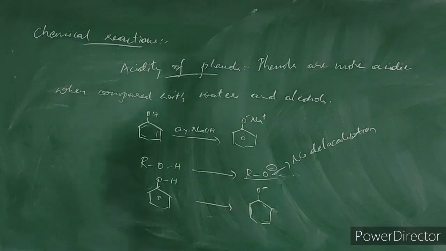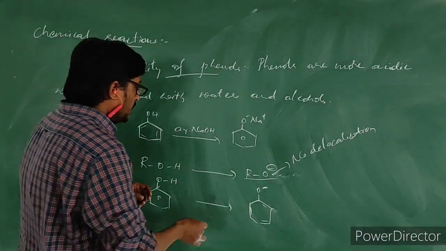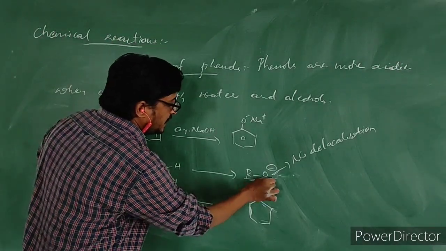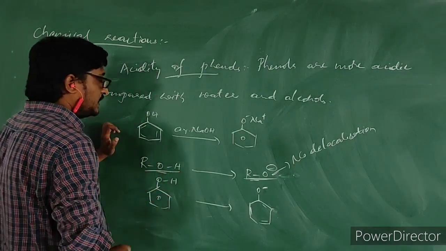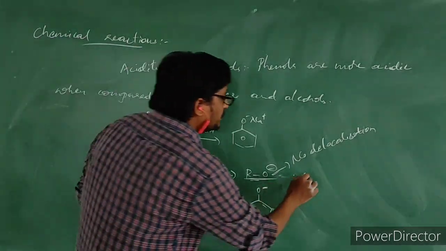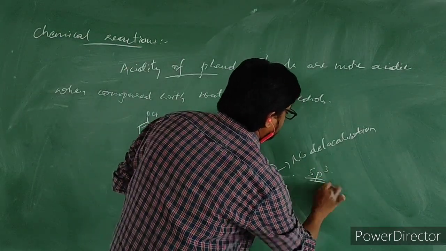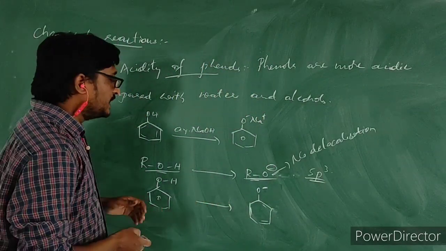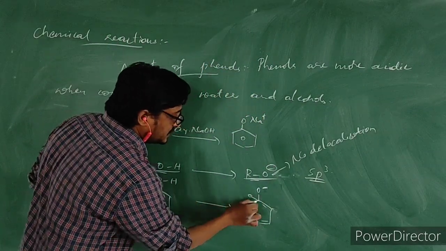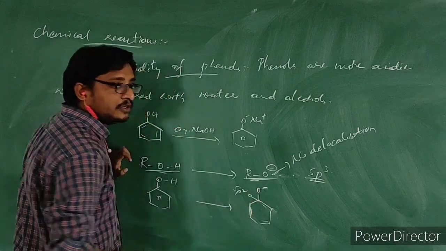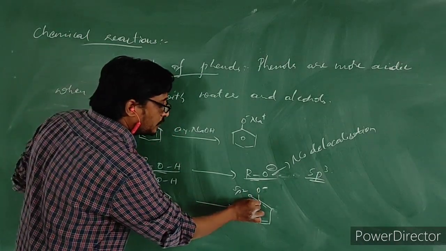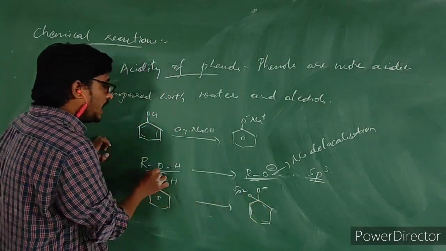And one more thing, keep in mind that the carbon in alcohols is sp3 hybridized. But the carbon in phenol, this carbon, is sp2 hybridized. So this carbon will be more electronegative than the carbon of alcohols.